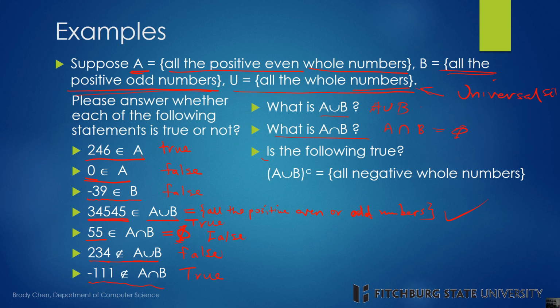So what about this? Is the following statement true? (A union B) to the C. So that's the complement of A union B. Now remember, the universal set is all the whole numbers. A union B is all the positive odd or even numbers. Now what's the complement of A union B?